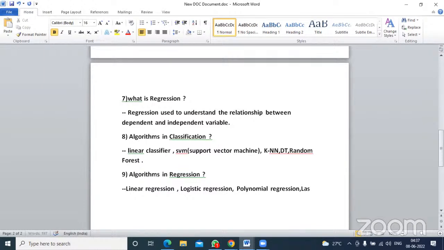Yeah, lasso, ridge. In logistic there is simple logistic regression, and multinomial and ordinal. Yeah, very good. And lasso and ridge.